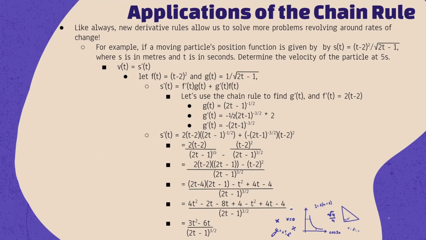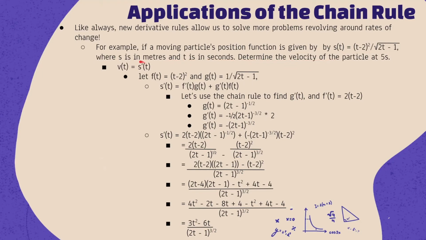Because again, if you find the derivative of, for example, something's position, you could find its velocity, which is exactly what we have here. We have a particle's position function, so just a position-time graph, and that is given by this equation here. Ignore the second by.